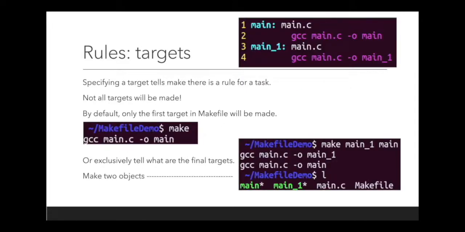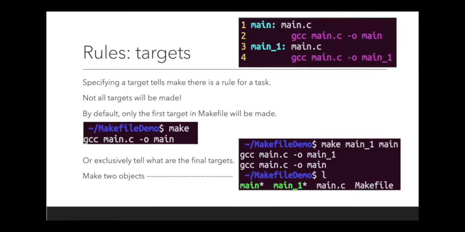Target part. Specifying a target tells Make there is a rule for the task, and not all targets will be made. By default, only the first target in the Makefile will be made. And you can see in this image, there are two targets. One is main and the second is main-1.